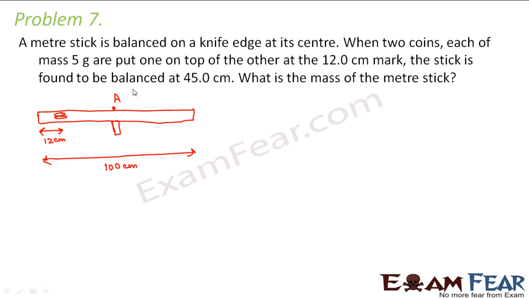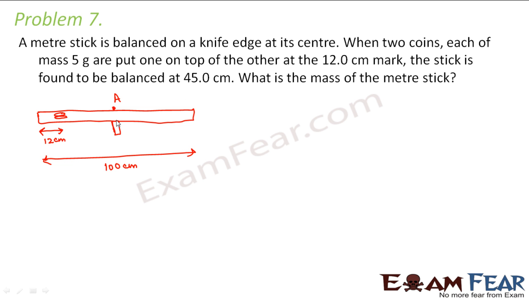The stick is found to be balanced at 45 centimeters. When nothing is placed, the stick is balanced at point A. But when these two coins are placed, the stick is balanced at 45 centimeters.